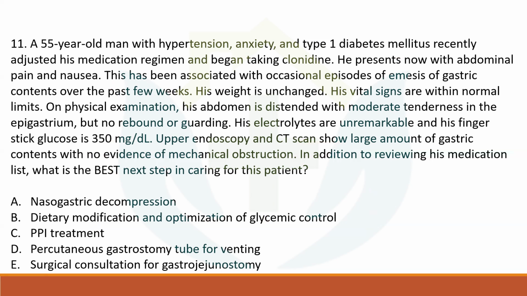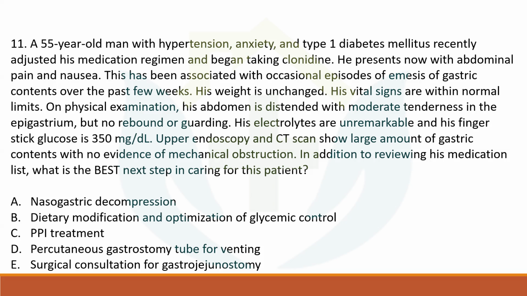His vital signs are within normal limits. On physical examination, abdomen distended, moderate tenderness in epigastrium, no rebound or guarding. Electrolytes unremarkable, glucose 350. Upper endoscopy and CT scan showed a large amount of gastric contents with no evidence of mechanical obstruction.